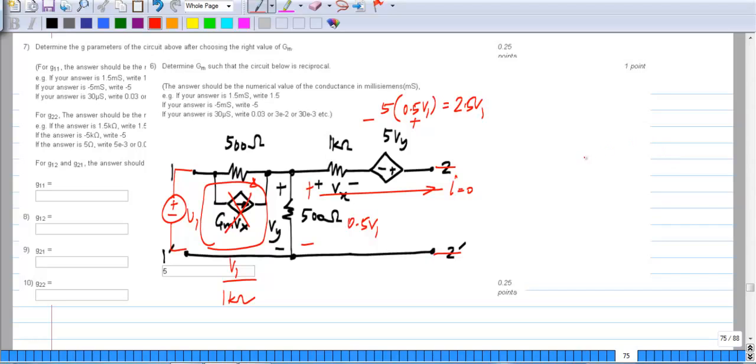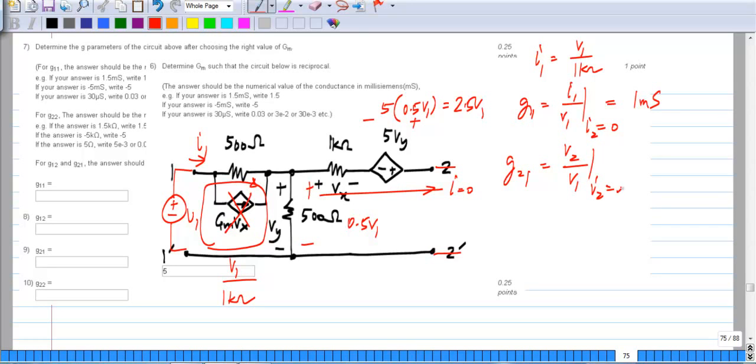So first of all, the current here I1 is V1 by 1 kilo ohm, so G11, which is I1 by V1 with port 2 open circuited, is 1 millisiemens, and G21, which is V2 by V1 with port 2 open circuited, is this voltage here, which is 2.5 V1, plus that voltage, which is 0, plus that voltage, which is half of V1.